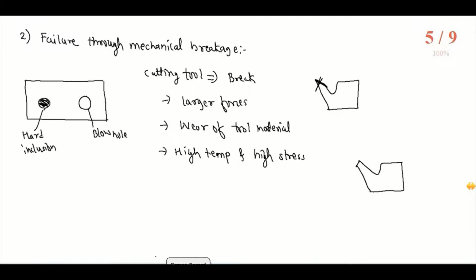If that value is greater, then chipping away of the tool can take place and we will get breakage of the tool. That is called failure through mechanical breakage. That is the second mode of failure, and this is the abnormal mode of failure.